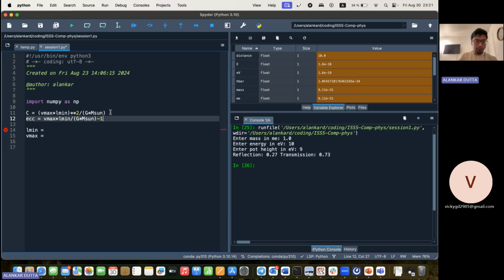So this is the formula for the eccentricity of an orbit. Eccentricity tells you how elliptical an orbit is. For example, if your major axis and minor axis are all the same, then you have a circle, and then you have an eccentricity equal to 0.